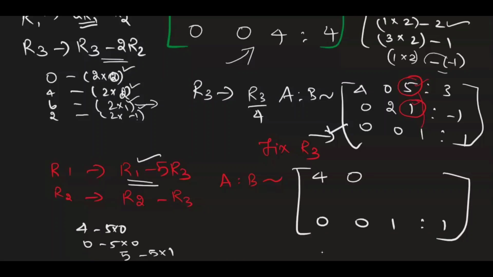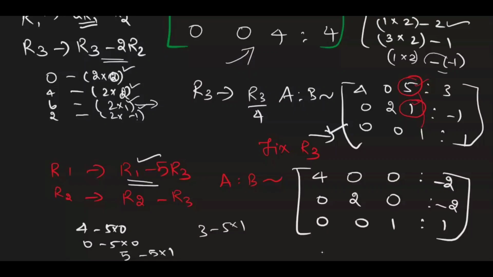So our target is achieved. And 3 minus 5 into 1, which is 3 minus 5, nothing but minus 2. Similarly, write down the values for R2. We get the first value as 0, second value is 2, third value is 0, and minus 2.